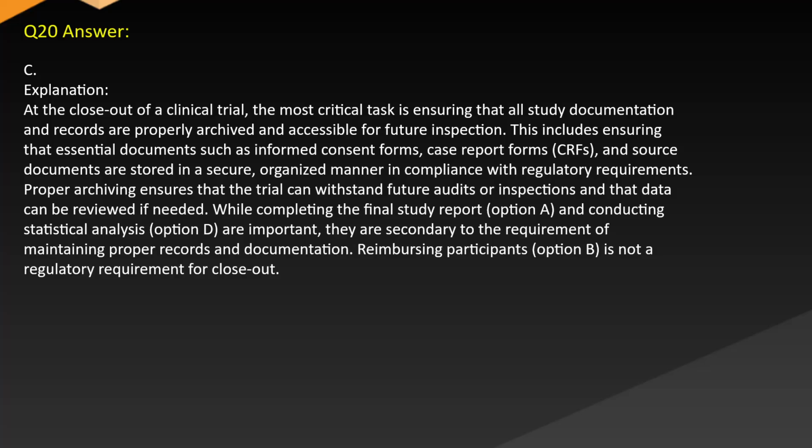Proper archiving ensures that the trial can withstand future audits or inspections, and that data can be reviewed if needed. While completing the final study report (option A) and conducting statistical analysis (option D) are important, they are secondary to the requirement of maintaining proper records and documentation. Reimbursing participants (option B) is not a regulatory requirement for closeout.